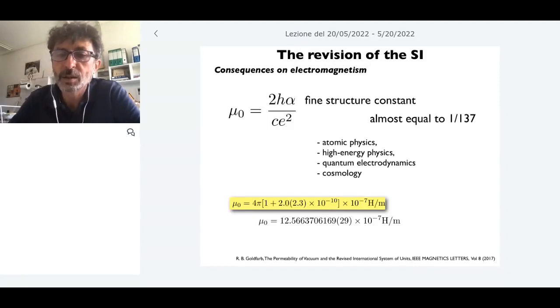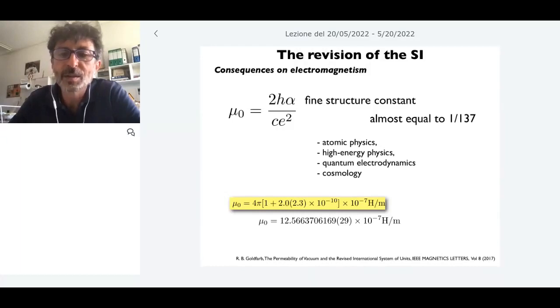This fine structure constant, I wrote here, is almost equal to 1/137, just to give a certain typical number. It's a very important constant that appears in atomic physics, high-energy physics, quantum electrodynamics, cosmology, but not directly in electromagnetism.